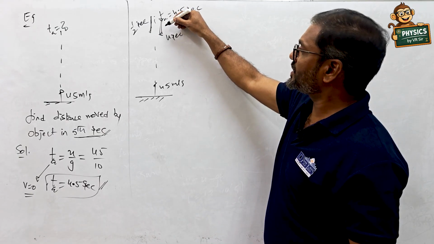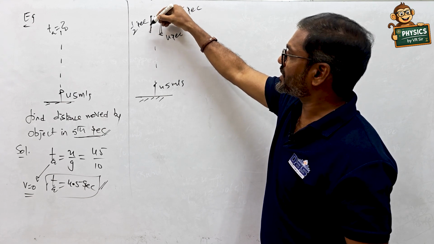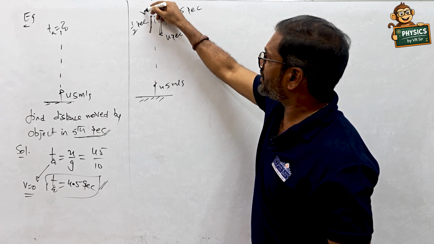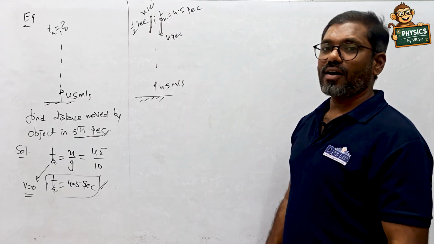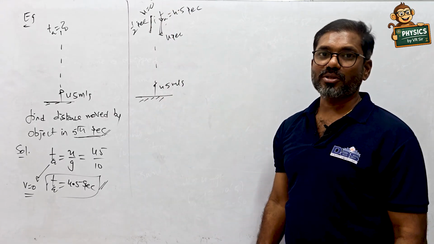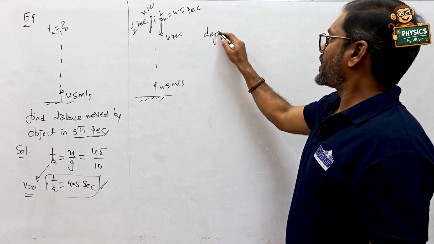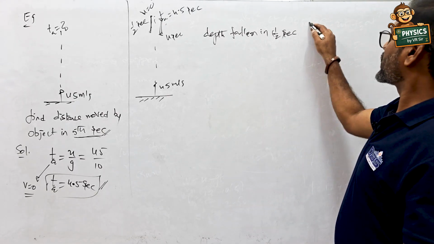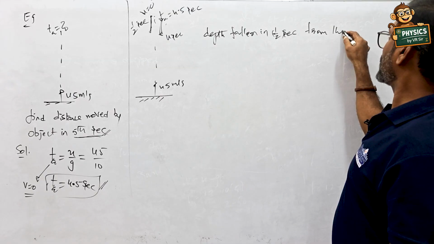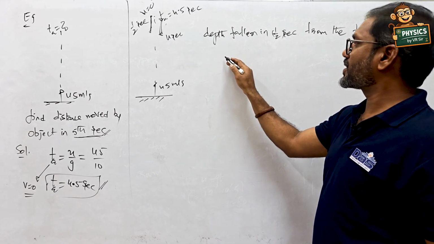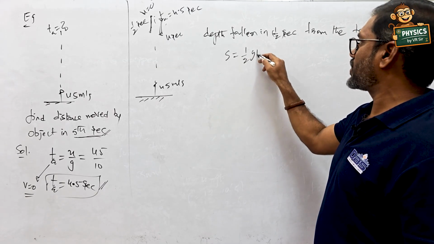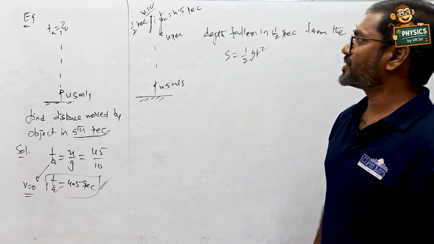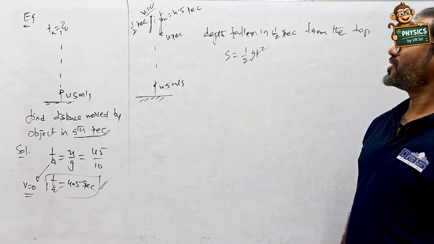First, it is easier to consider how much depth it falls in half a second. While returning, its initial velocity we can take as 0, or it's simply an object dropped from some height. Now, the depth fallen in half a second from the top: to calculate this, use S is equivalent to half g t square, because the initial velocity for the return, backward journey, is equivalent to 0.